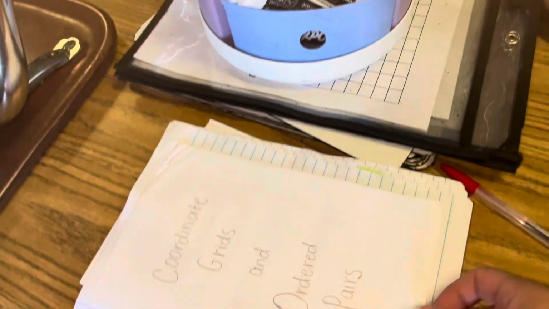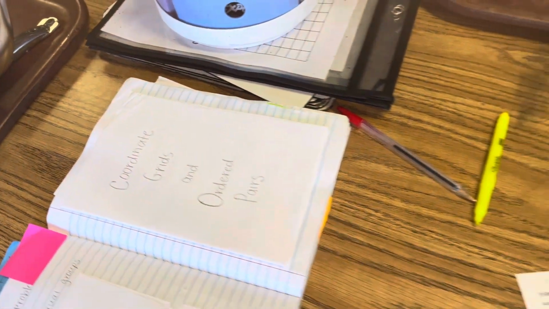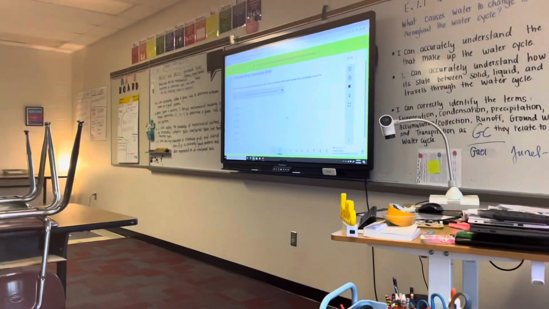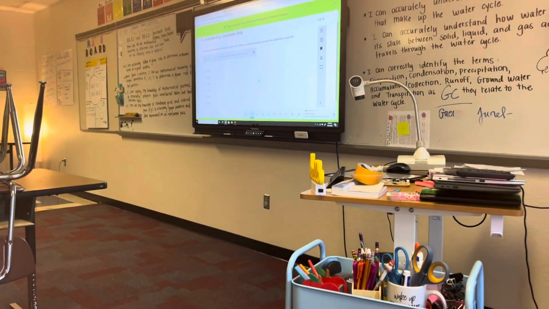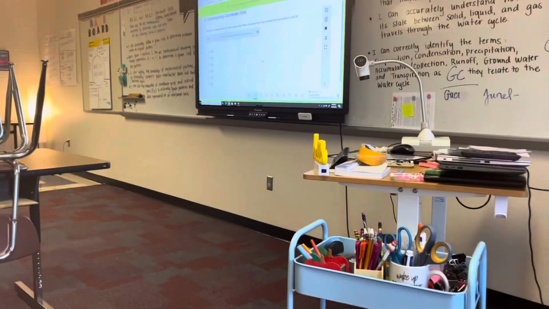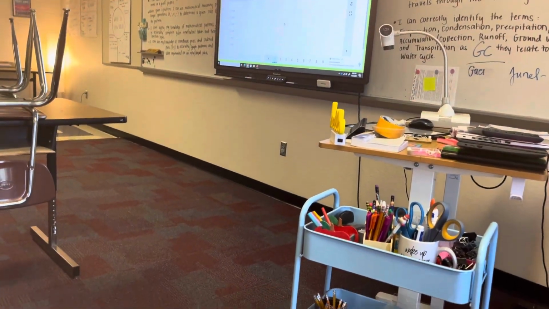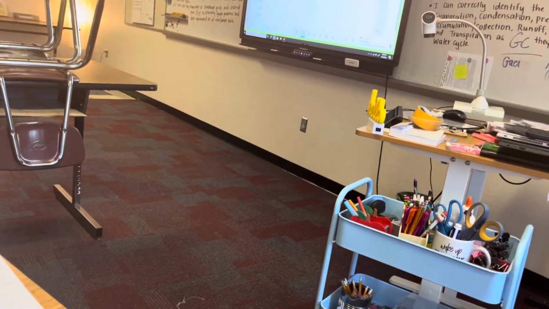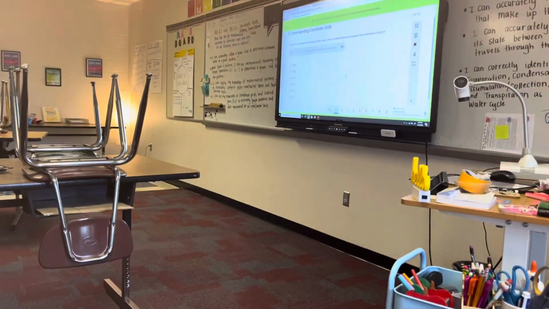It would be this one, the coordinate grids and ordered pairs packet. Everything you need is there. You can take that up to 3 times if you need to, but all I'm looking for is that we're starting to understand. So if you take it and you get at least a 70 or higher, then you can be done and you can move on to the next thing.